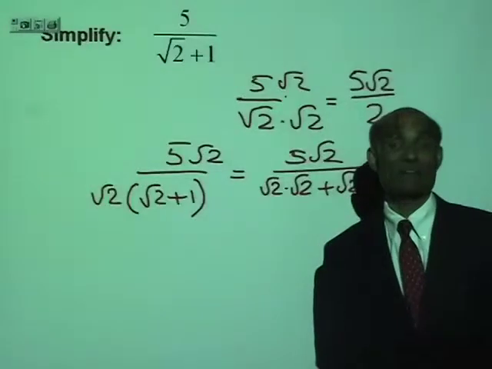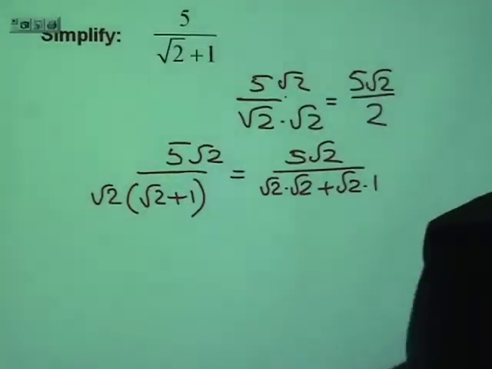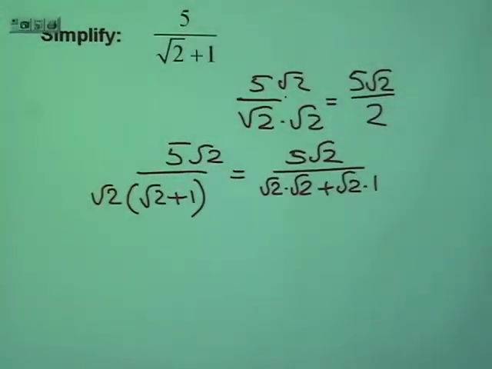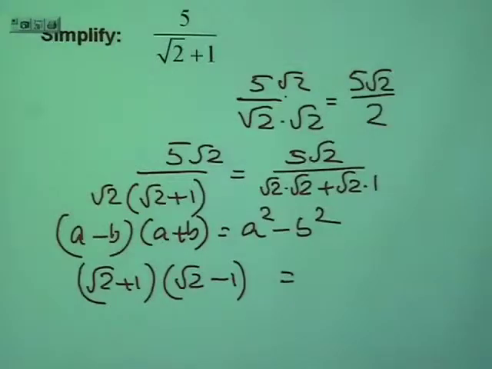So what do we do here? Now this is where we practiced earlier, you know, a plus b times a minus b. Do you remember we just said a minus b times a plus b is a squared minus b squared. Alright, tell me, what is square root 2 plus 1 times square root 2 minus 1?